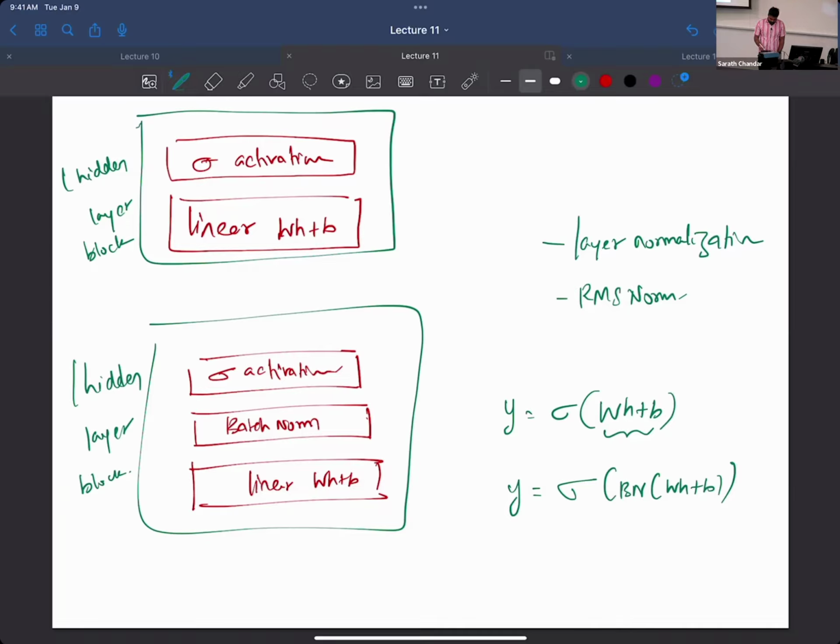Okay, so now this is all modifications at the architecture level, right? Changing the activation function, adding skip connections, or adding this normalization layer. These are all changes to the architecture so that we can train bigger and deeper models.